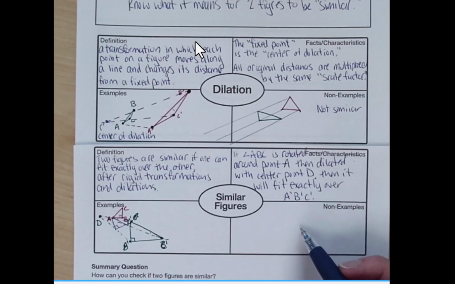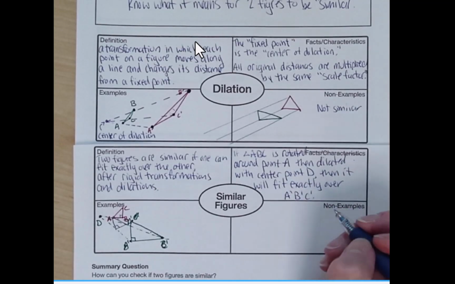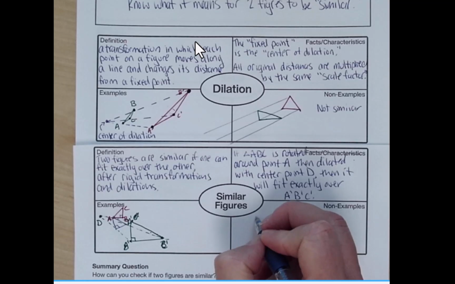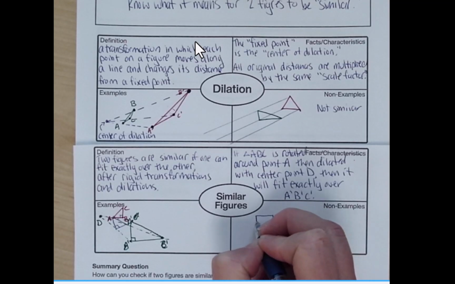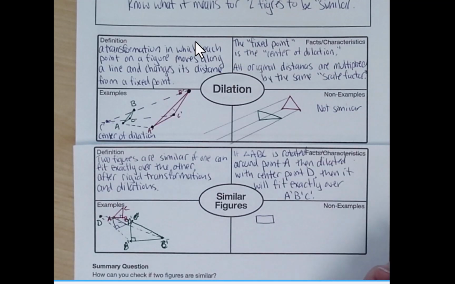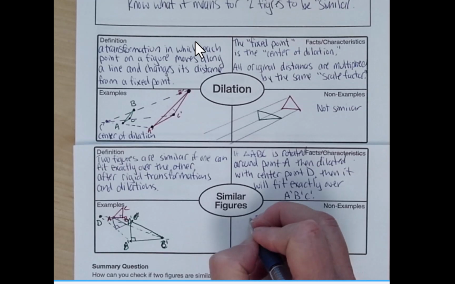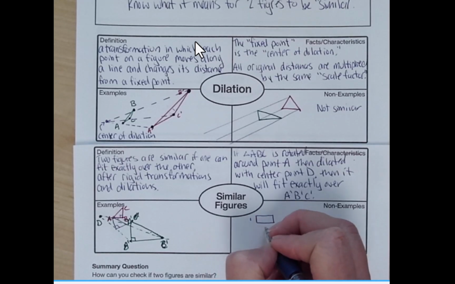Okay. And in your homework tonight, you're going to be asked to draw some similar figures. So I want to just clue you in to how this is going to have to be. If you've got similar figures, it would not be an example if this were one unit long and this were 3.